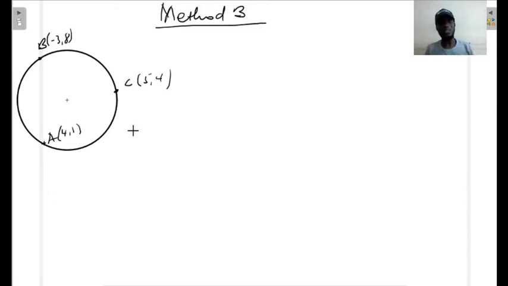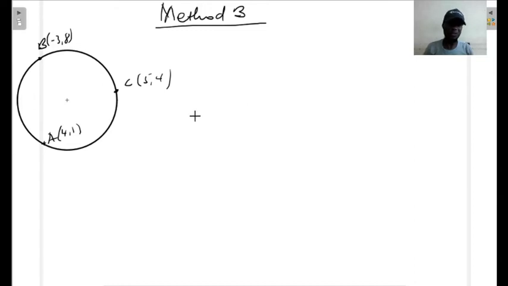So that idea says that if you have any triangle at all, to draw a circle to pass through the 3 vertices of that triangle, you need to bisect at least 2 sides of the triangle, and where the 2 perpendicular bisectors meet becomes the center of your circle, which will pass through the 3 vertices. That is what I'm going to do here.